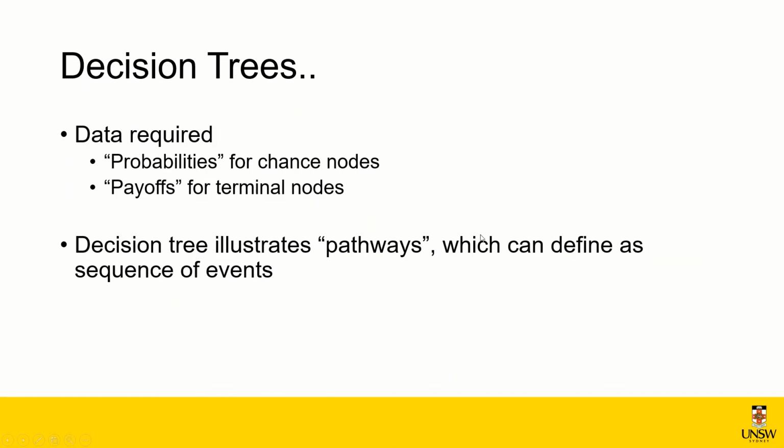So we need the probabilities for chance nodes and we need the payoffs for terminal nodes. That would help us to determine the decisions and the associated costs involved, or what could be the best pathways available. And a decision tree illustrates pathways, or in other terms, a sequence of events, right?